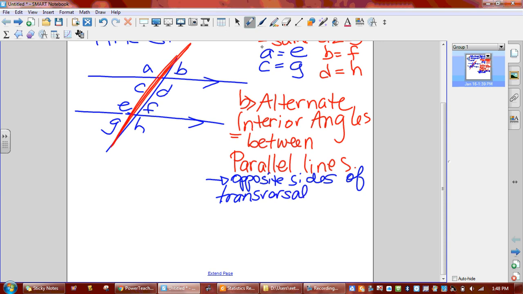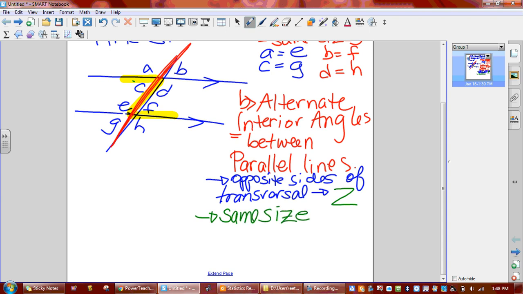And we're looking for the Z. So if I were to draw a Z up here, I'm going to highlight. Here's my Z. My alternate interiors are going to be C matches F. Okay, they are diagonal. They are going to be the same size. Okay, they're always the same size.